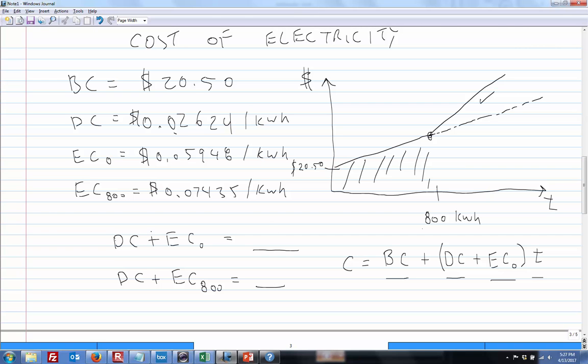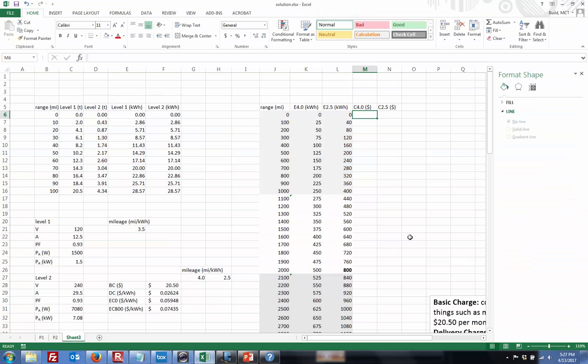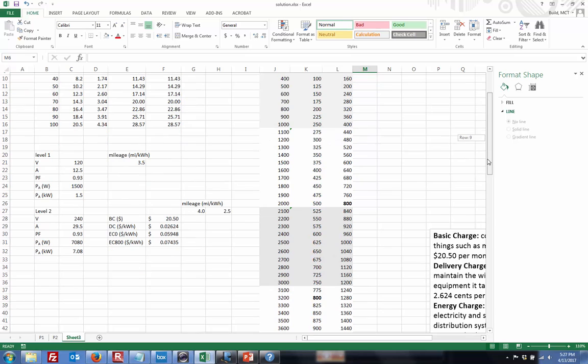And so whatever the delivery charge plus the energy charge naught, what we're looking at is almost 8.5 cents per kilowatt hour, right? It's going to go right in there. And then once we go over that, we're looking at 10 over 10. So go from 8 up to 10 cents per kilowatt hour. So let's put those in as well. That's our little functions.